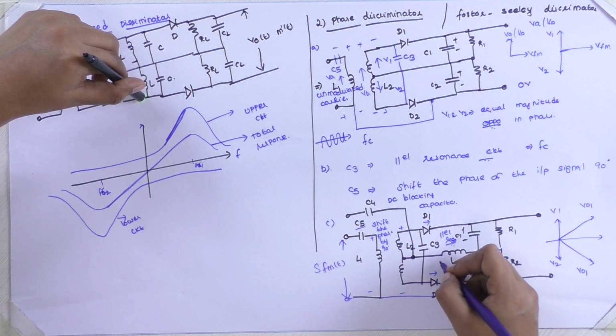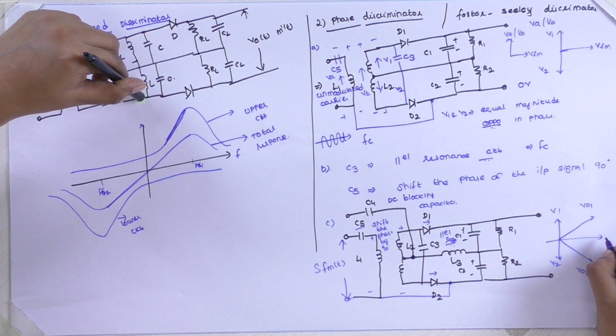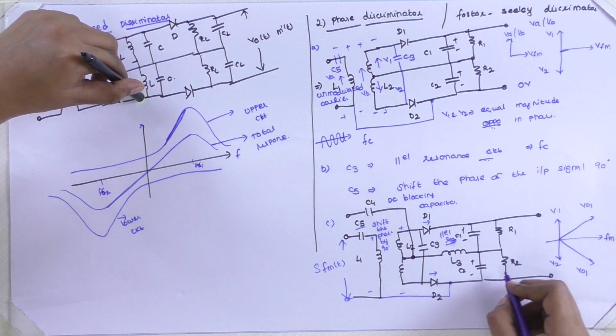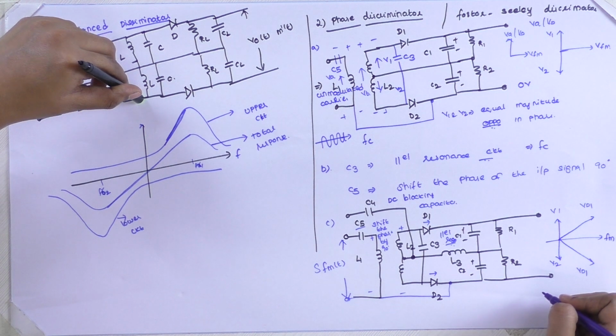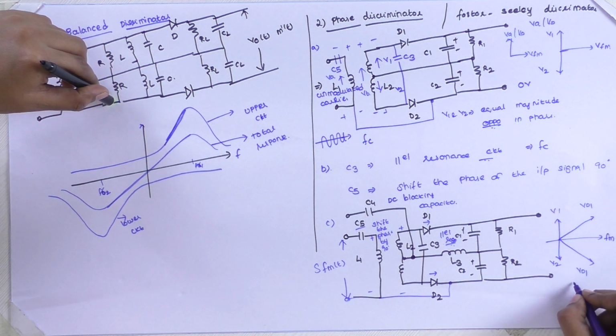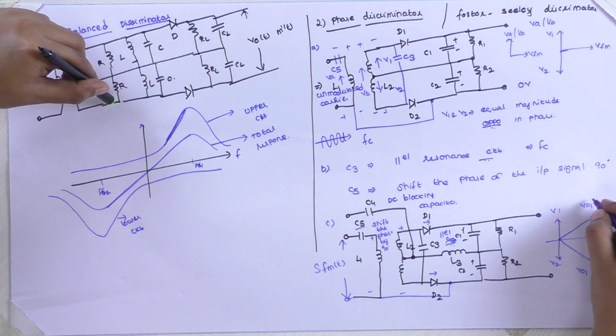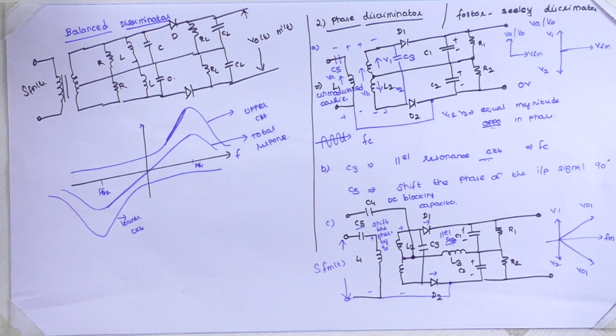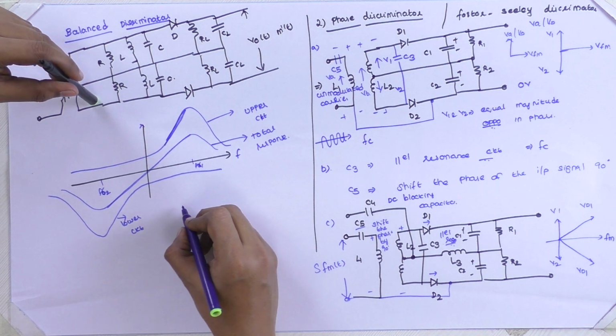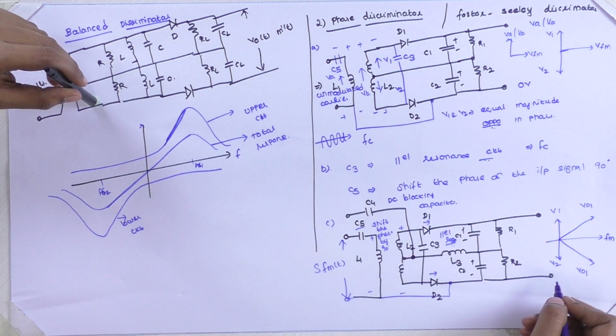Since it acts as a resonant tuned frequency, it will start conducting only when it has either greater than or less than FC. So, this is our voltage across D2 and this is our voltage across D1. This is the phasor diagram for this circuit. Now we are getting into two conditions.